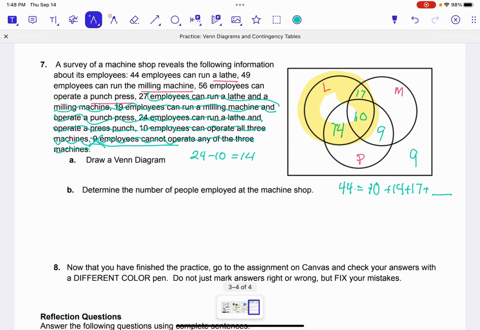Plus 17 is 41, which means there are 3 left over. So there should be 3 on the outside there. All right, next one. I'm going to fix that while I'm in there.